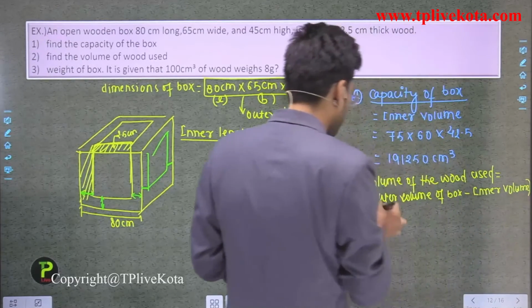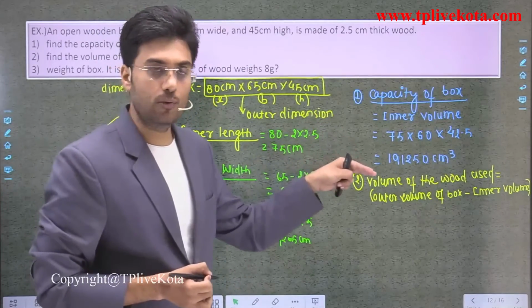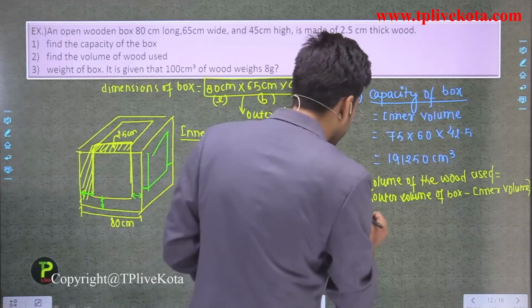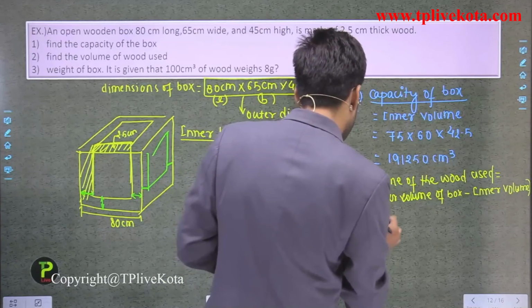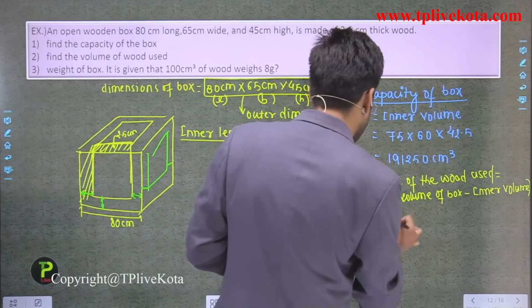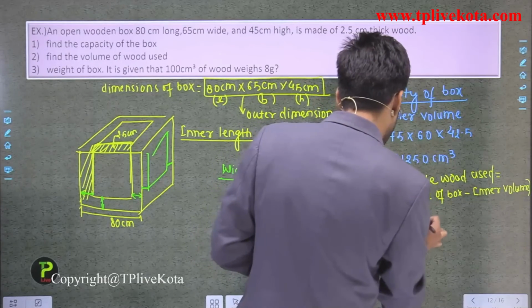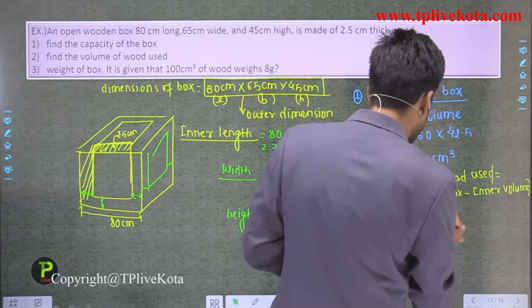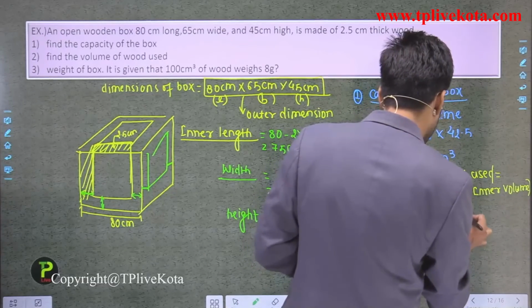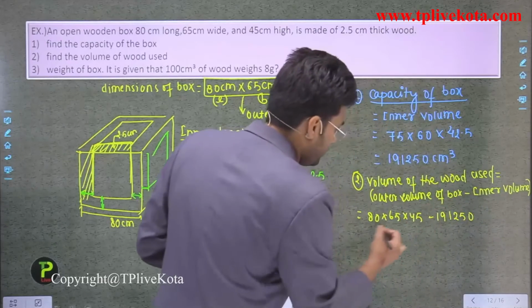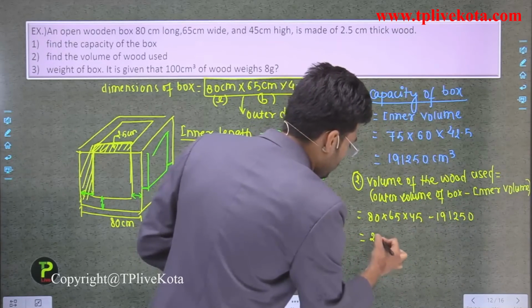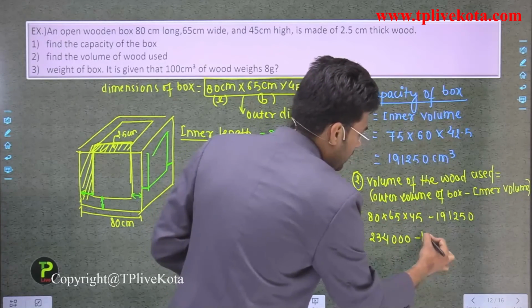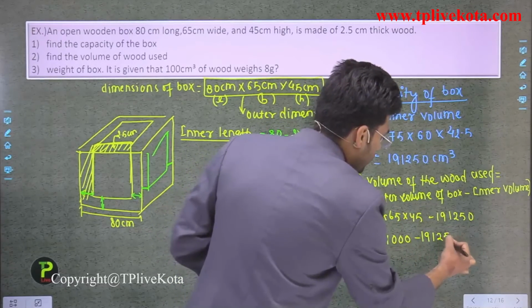So students, we have the inner volume. First of all, we have to find the outer volume. Outer volume is equal to 80 multiplied by 65 multiplied by 45, and it is equal to 234000, minus 191250.